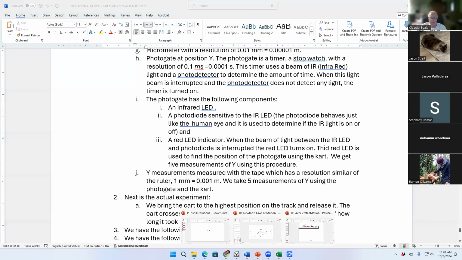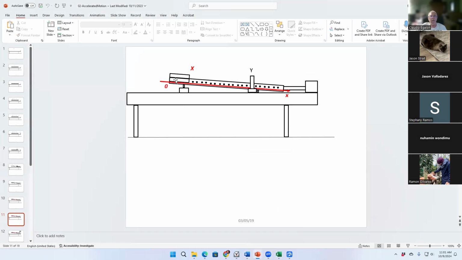So think about that. We release the cart from rest, and it crosses the photo gate. The speed of the cart at this point in the photo gate is going to be the length of the cart divided by the time measured by the photo gate.